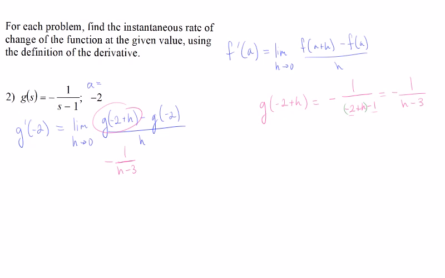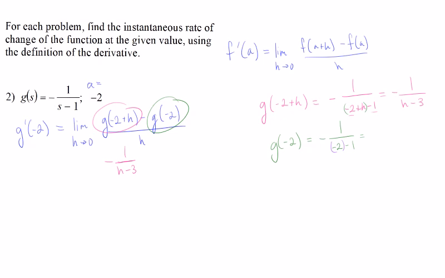Okay, and then now let's find g of -2, which is going to be this function, but I'm just going to put -2 in there for s this time. So it's going to be -1 over, and then here's where I'm going to put the -2. So I'm just putting that -2 in here where s was before. All right, and then I'll still put the -1 that's there.